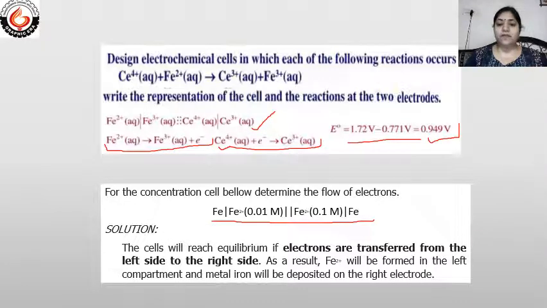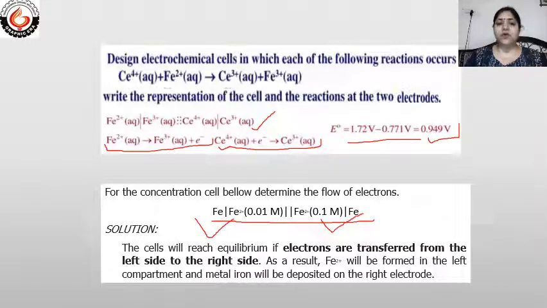If we are not going to check the concentration, then only from the convention of the representation of the electrochemical cell, it is clear that the side where the concentration is 0.01 is on the left side, so this will act as anode, and where the concentration is 0.1 will act as cathode.